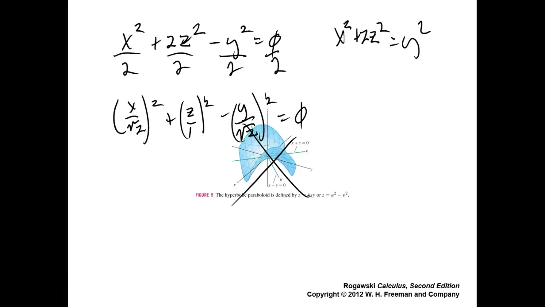Look at it that way. And when y is a constant now, what does that form? Well, this is always positive. So 0, 0, 0 is certainly on there, but what else is? Those are constants. What would that shape be? X over something squared plus z over something squared.